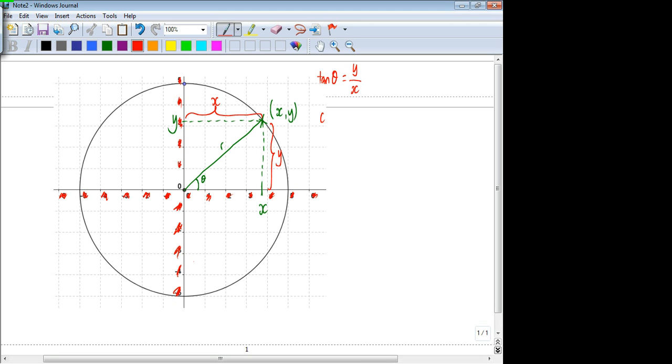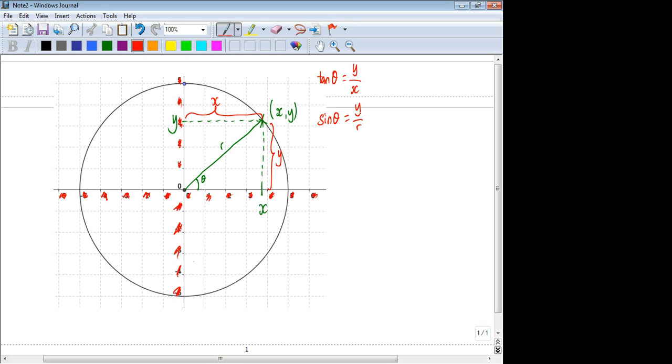Cosine. Just now I started with sine, right? Let's try sine theta this time. What is the ratio for sine, Darren? Okay, first you tell me opposite over hypotenuse. Okay, so opposite over hypotenuse, and he got Y over R. Okay?